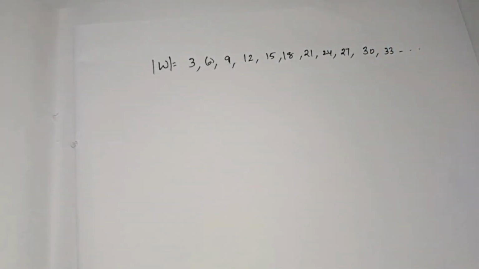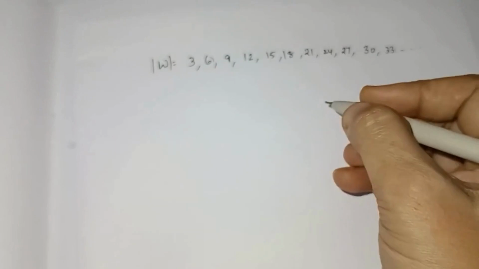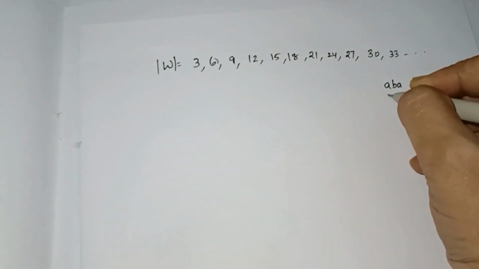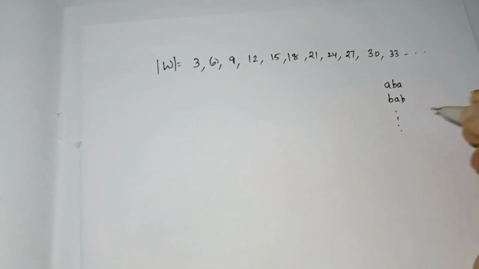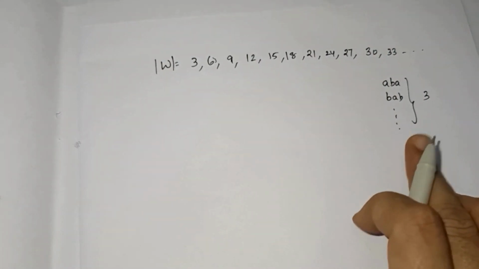So like that all our numbers are divisible by 3. Okay, so now first string, what is the sample string we can take? The sample string we can take is ABA or BAB or any combination of A's and B's, but the length is 3. This is our basic string.